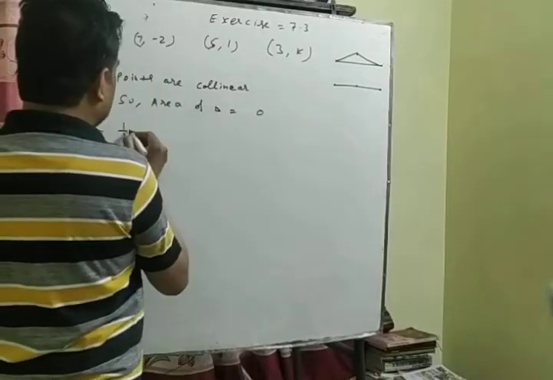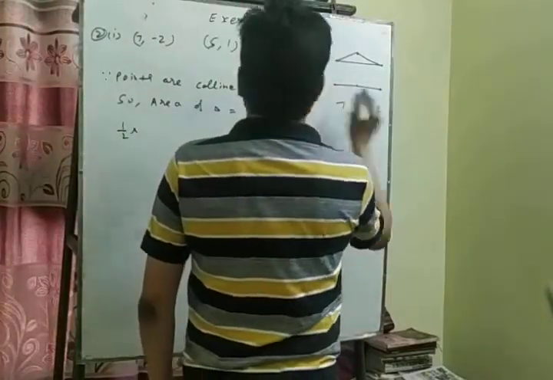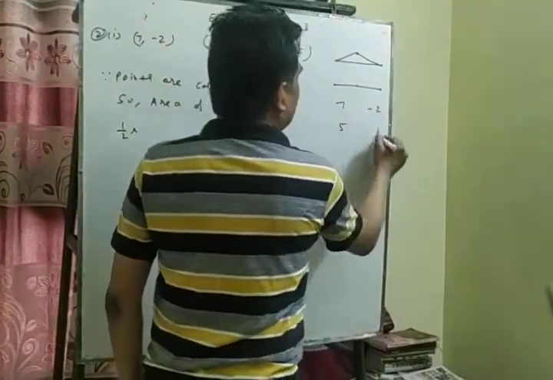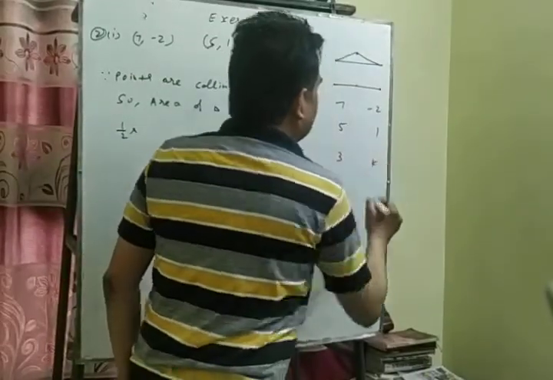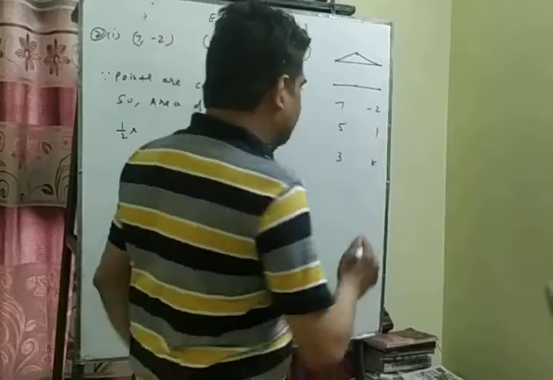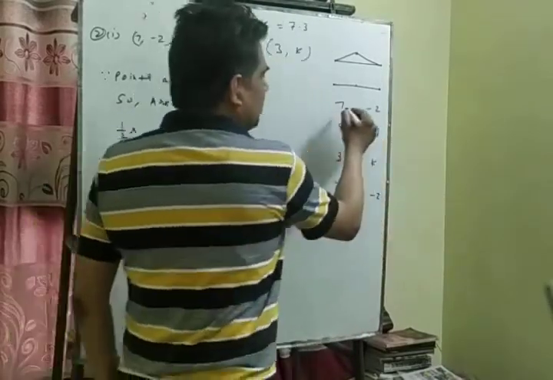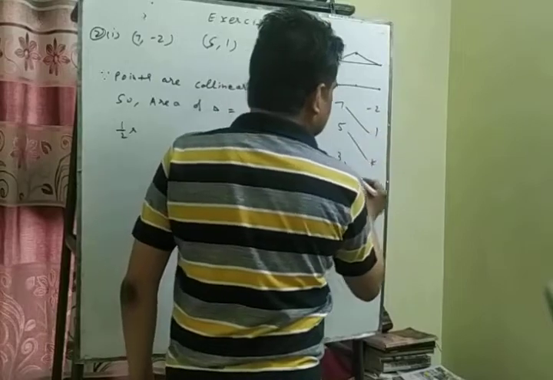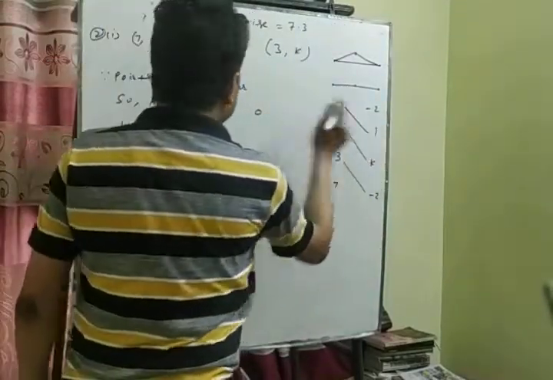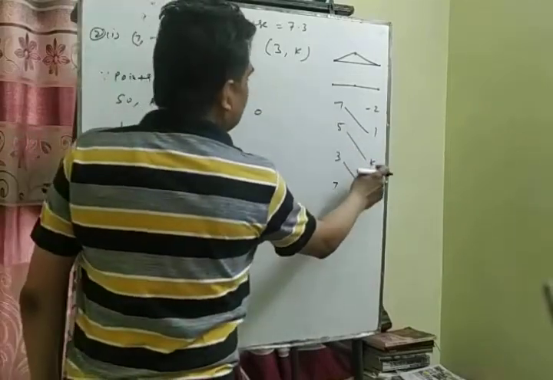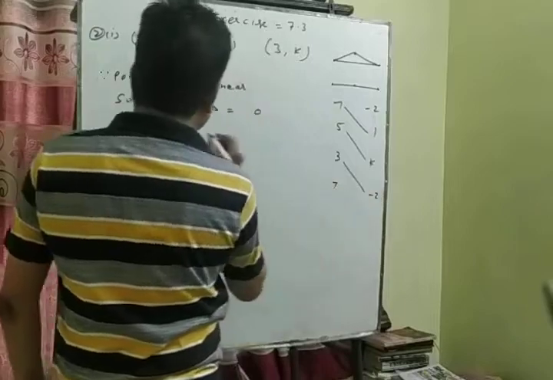1 by 2 into. Firstly we write 7, -2, 5, 1, 3, k. First we write again 7, -2. Now first multiply this side: 7 into 1 is 7, 5 into k is 5k, 3 into -2 is -6.